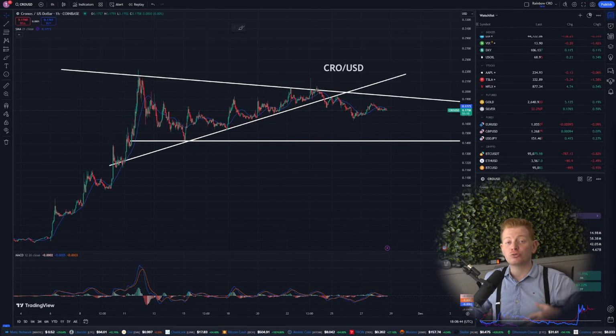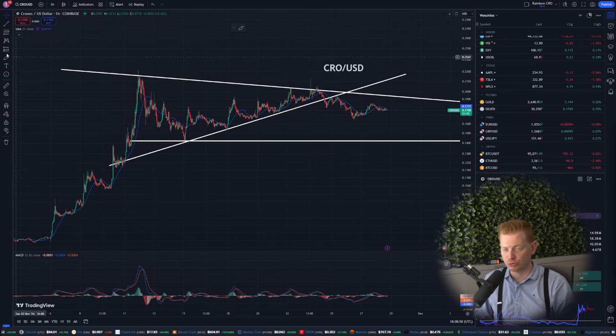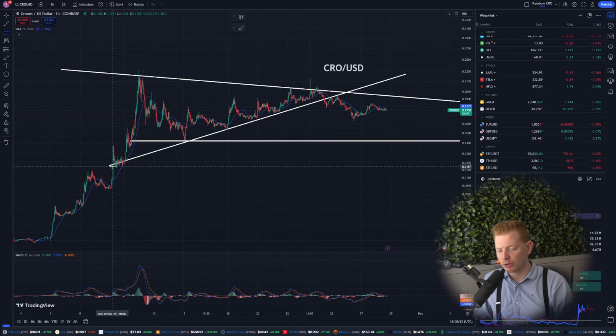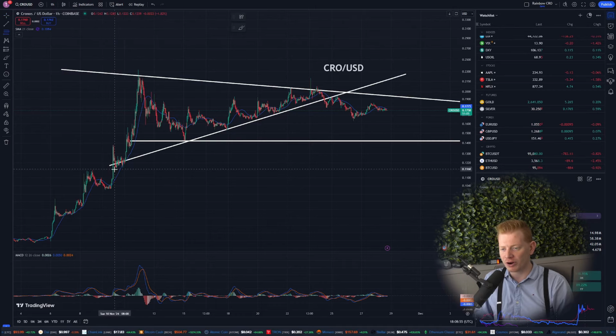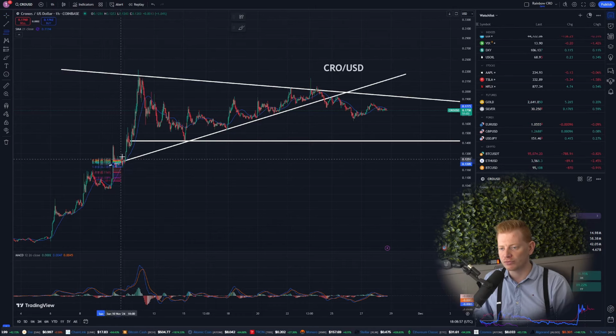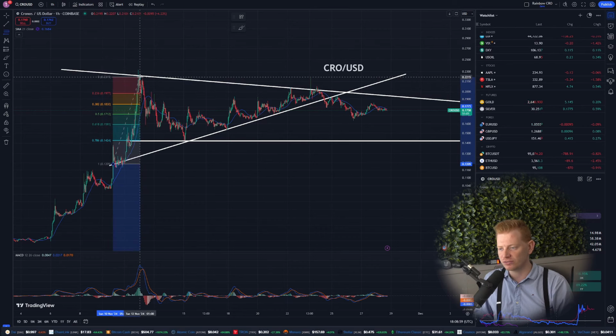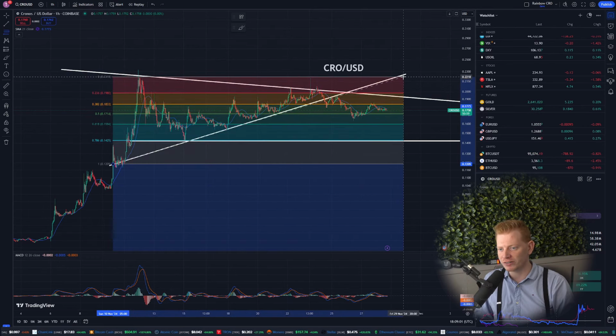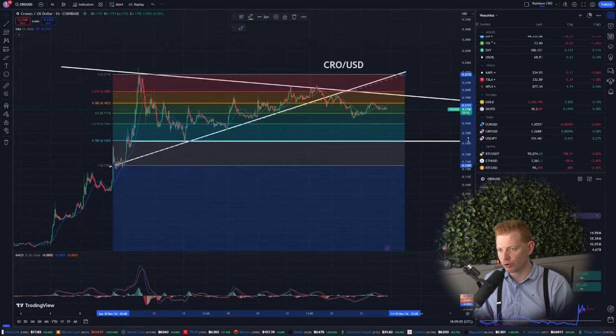If we then go back to our triangle formation, what we can do to determine important price levels is use the Fibonacci retracement level tool. So what I will do here, I will go to the opening of the triangle and then go to the top of the hourly pump here. So here is the top and then we drag it to the right. And then you can start to see important price levels for CRO.